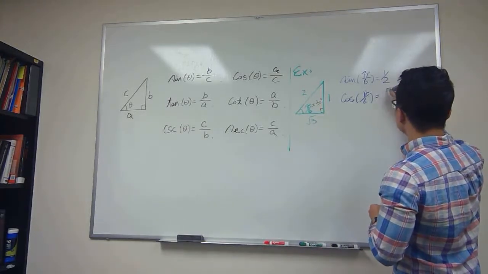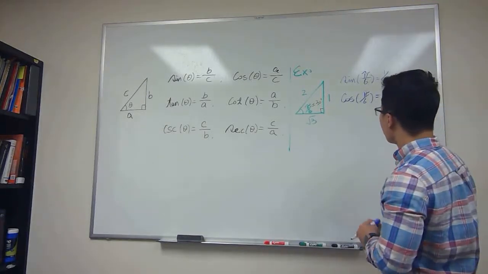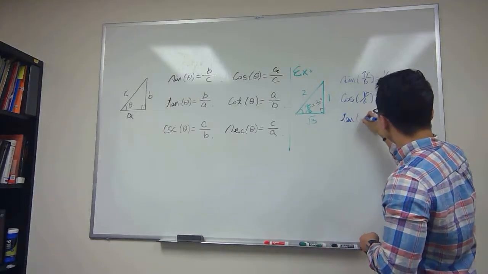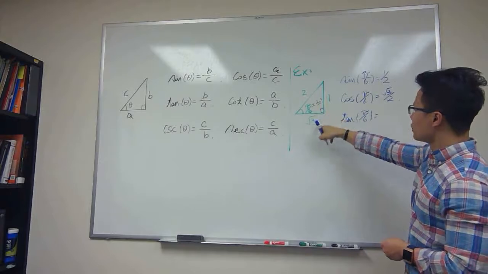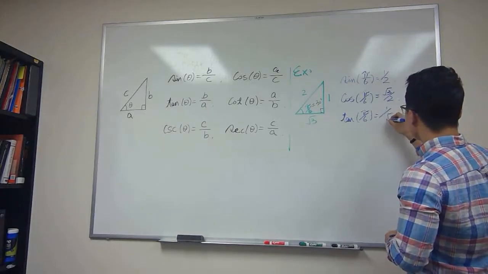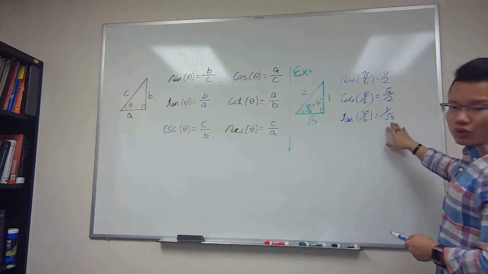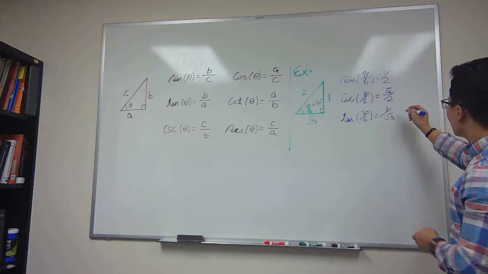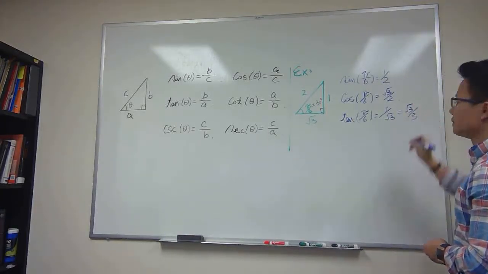So this is root 3 over 2. And the same goes for tangent of pi over 6, which equals 1 over root 3. If you don't like writing it this way, you can rewrite it as root 3 over 3.